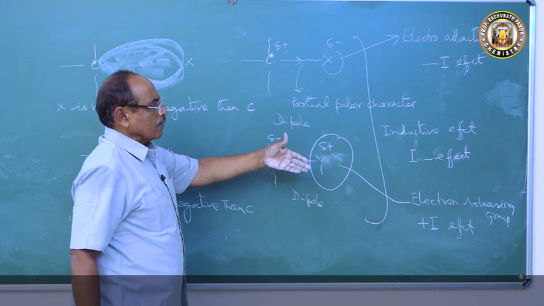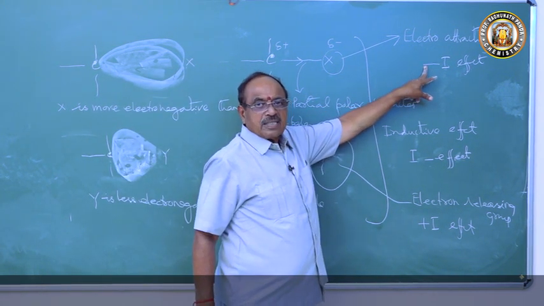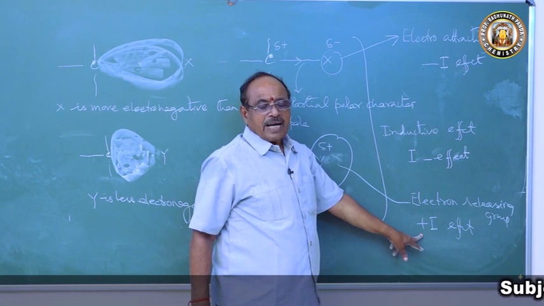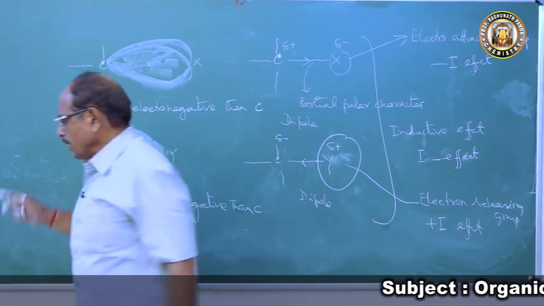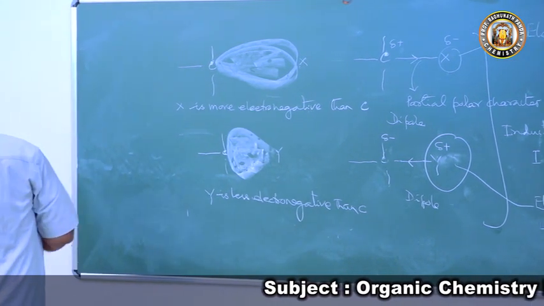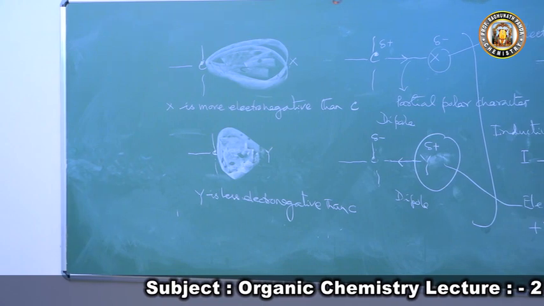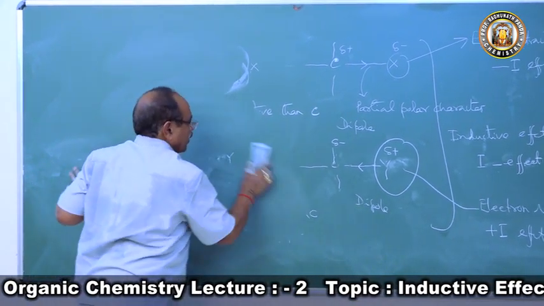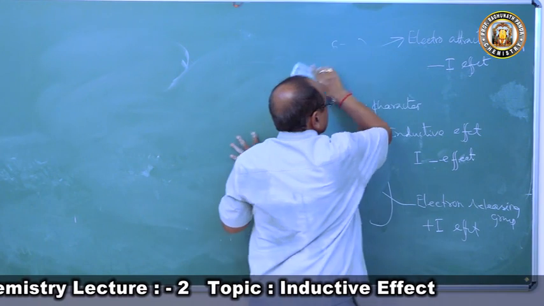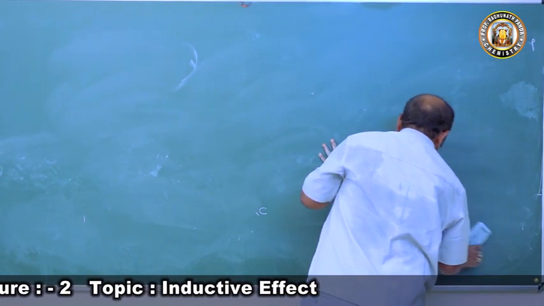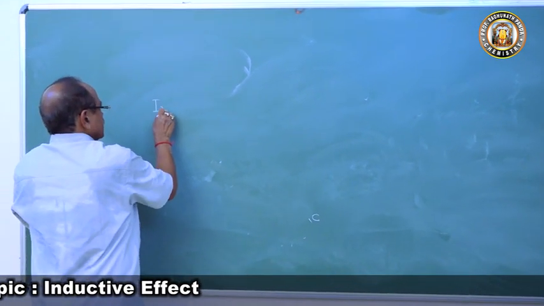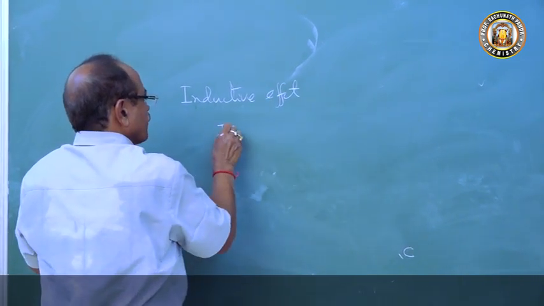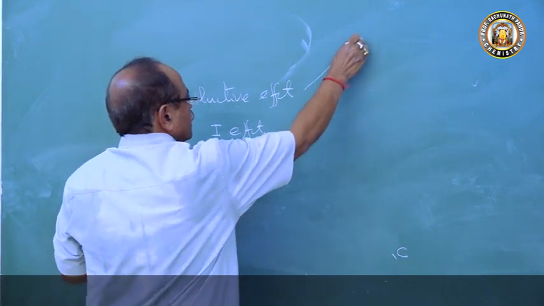So the inductive effect is of two types: minus I effect, caused by the electron attracting group, and plus I effect, caused by the electron releasing group. If I summarize in a very short form, the inductive effect is called I effect, and this I effect is of two types.